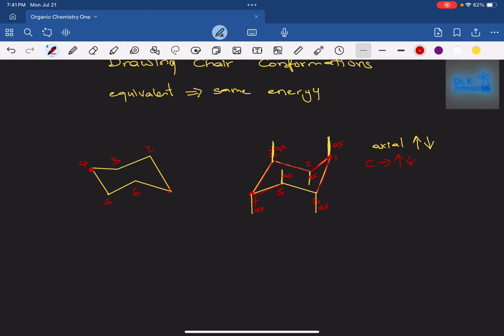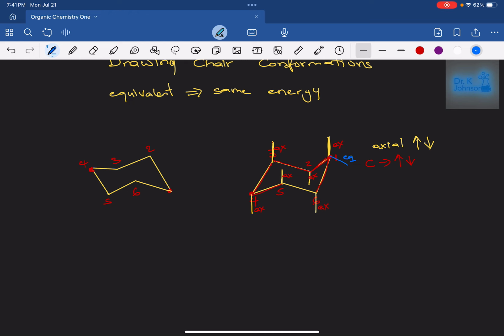So we already put in our axial bonds, right? The bonds that are left over are your equatorial bonds, right? Your equatorial bonds, and I'm going to put them in blue. Your equatorial bonds, they hang out, they chill out on the side of the ring, right? So for example, on carbon 1, this would be the equatorial bond, and that's equatorial down.